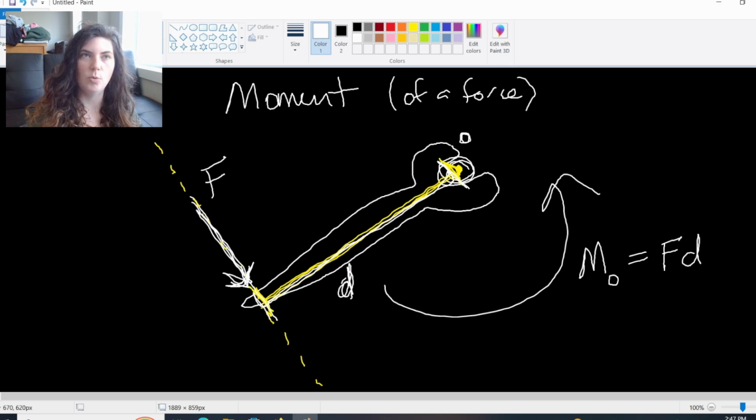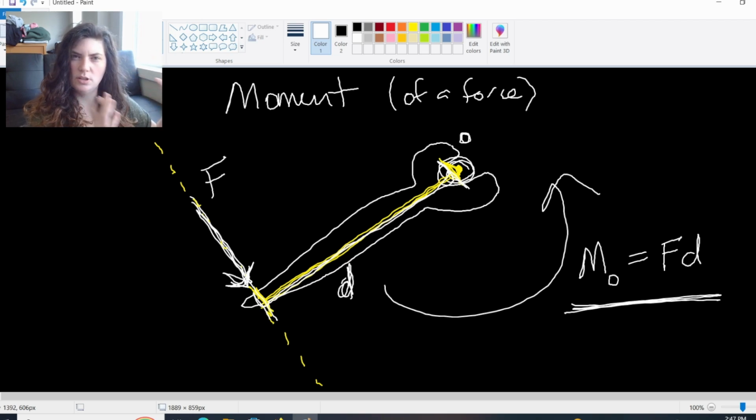That's how we define a moment in its most basic terms. It's scalar terms. Because a moment can be a vector or it can be a scalar, just like a force can be either. So this is our scalar definition of the moment. This just gives us the magnitude of the moment.